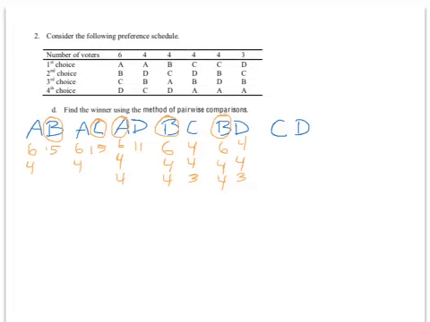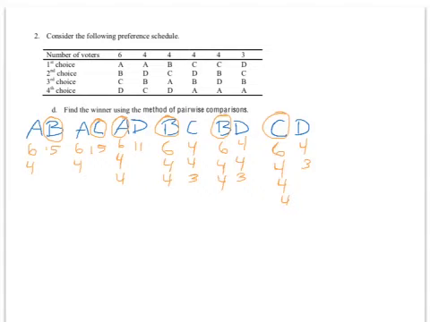And now if we look at C against D, first column goes to C, second column to D, third column to C, fourth column to C, fifth column to C, and the last column goes to D. So C is going to win that matchup handily over D.